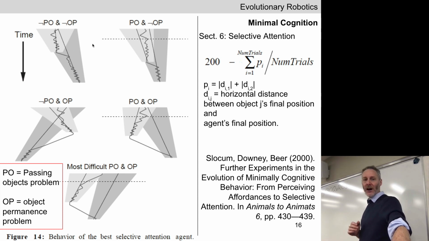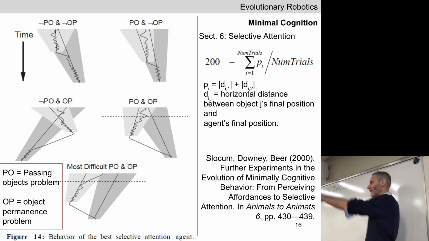Who knows? Okay, let's look at the converse case. Same evolved CTRNN, no passing objects problem. So the object that's closer to the robot at the beginning is falling faster, but there's an object permanence problem. How so? When the first object lands, it's in a situation where the robot cannot see the second object.